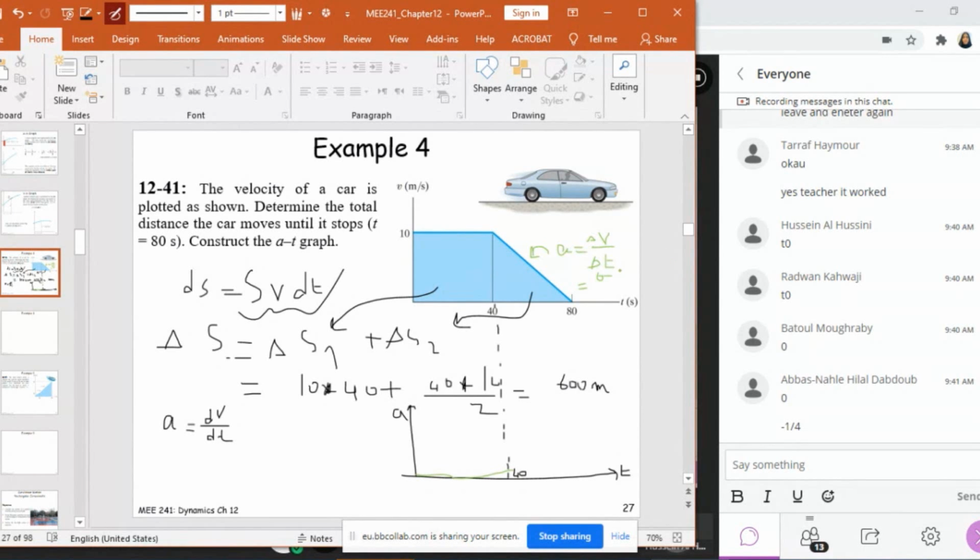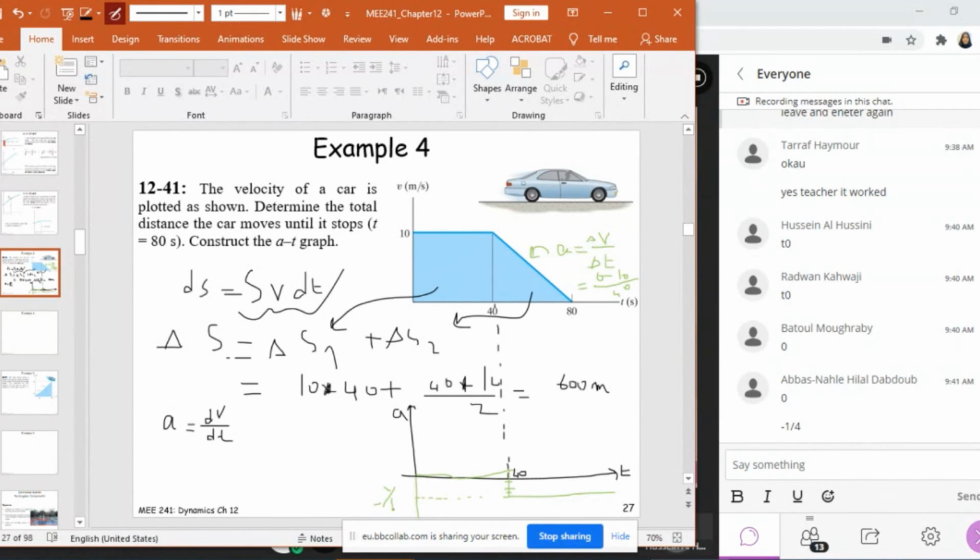V1 here is 10 over delta T, 80 minus 40, which is 40, so it is minus 1 over 4. So the second part of A will be minus 1 over 4. Guys, you can join them or you can remove this line. It's up to you. It is the same, all right? So it's minus 1 over 4.